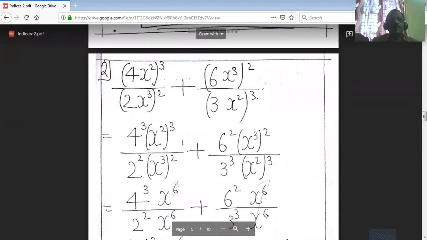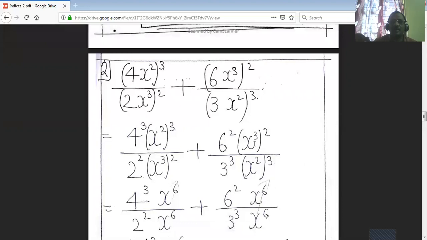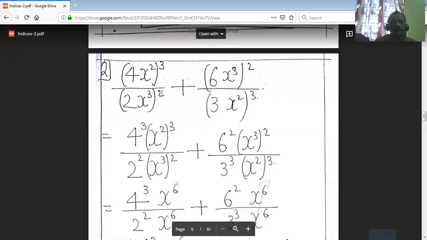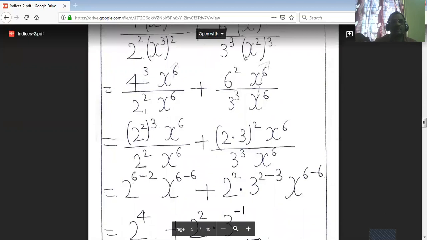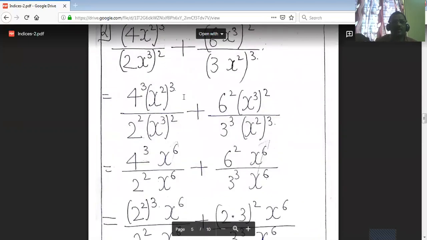Now if you apply the relation here, x^2 times (x^3)^2 becomes x^6. Similarly, 2^2 x^3 whole power 2, and 3^3 x^2 whole power 3, this is 4^3 x^6.